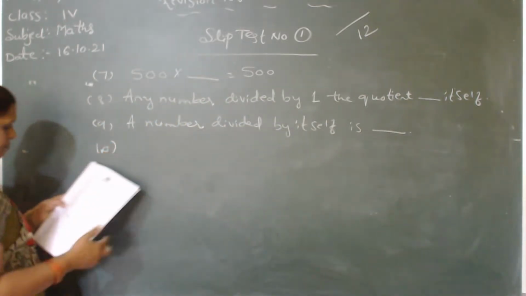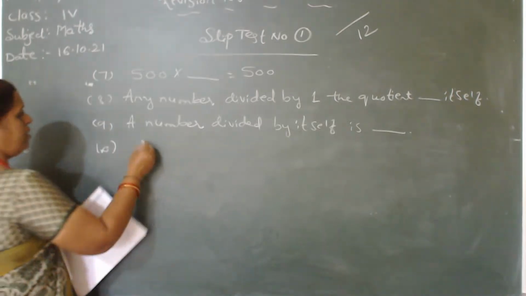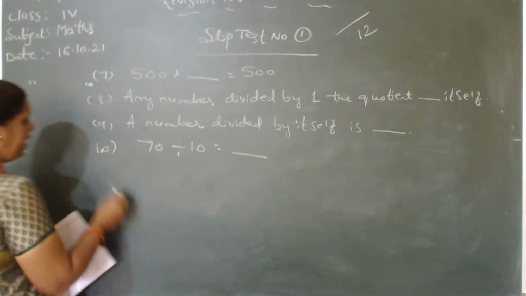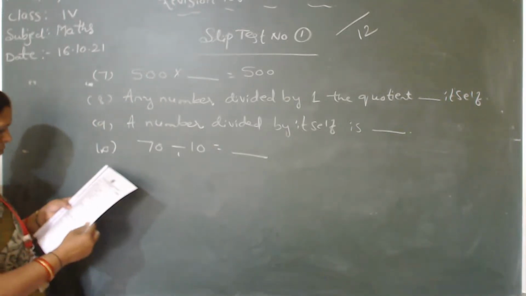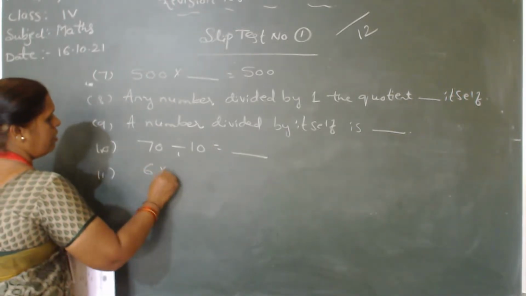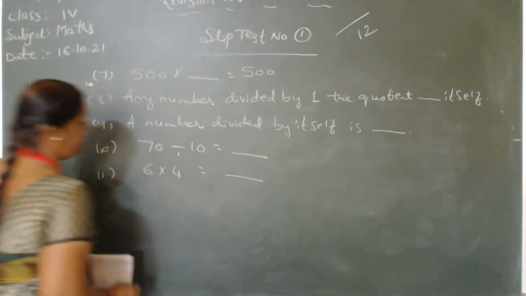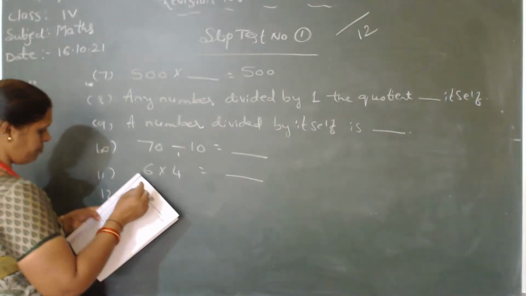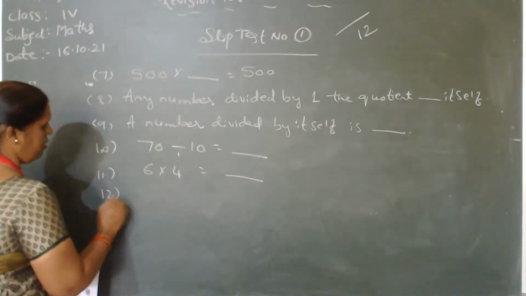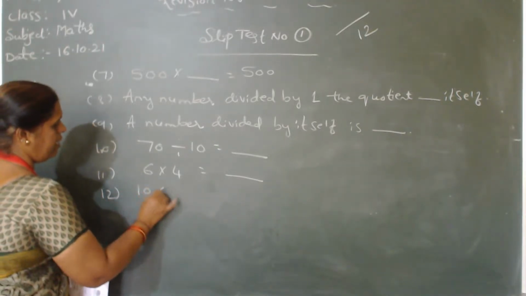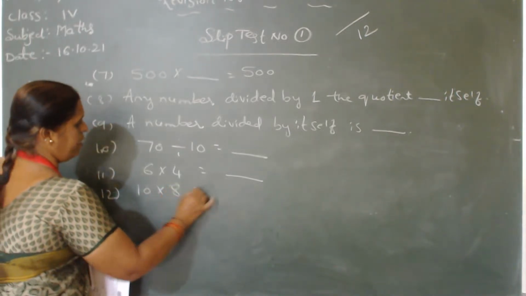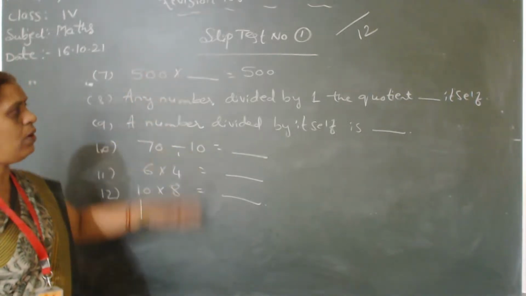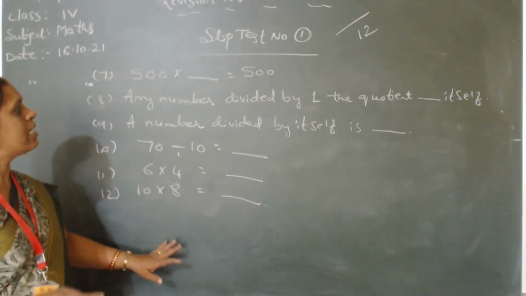Tenth one: 70 divided by 10 is equal to dash. 6 fours are dash. Twelfth one: 10 into 8 is equal to dash. So all 12 fill in the blanks I have covered here.